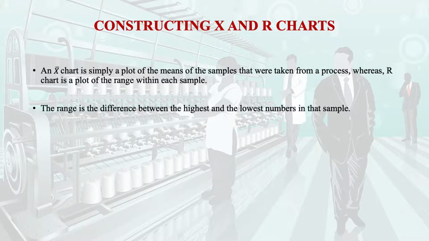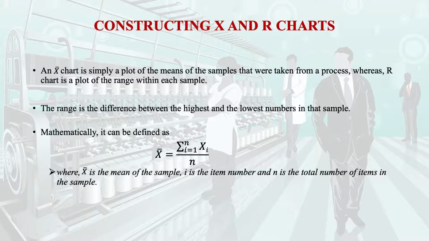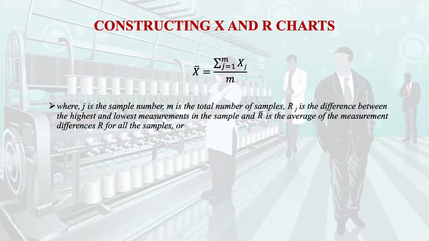We can define X bar mathematically as the summation of the items divided by the number of items. Similarly, we can define X double bar as the summation of X bar divided by M, where J is the sample number and M is the total number.